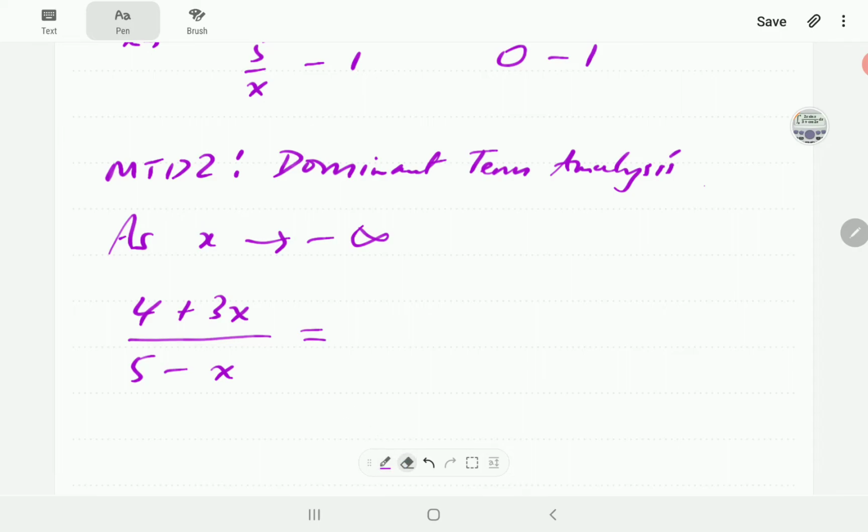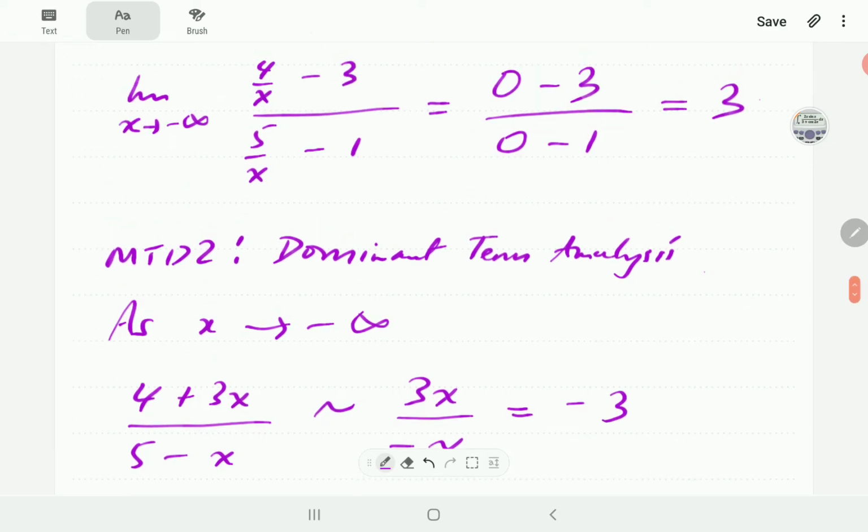So here, as x becomes bigger and bigger but negative, the numerator is going to be dominated by the highest power of x again, which is 3x. The denominator is going to be dominated by the highest power, which is x. The constants are not going to make an impact. So this is going to simplify to negative 3.